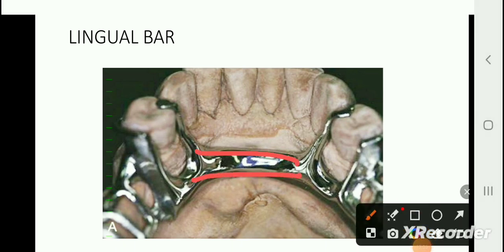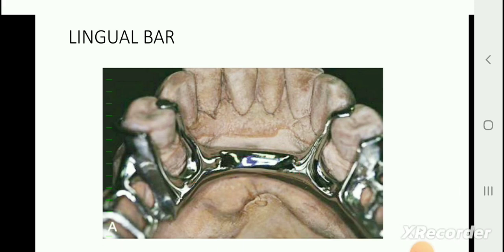Relief prevents the margins of the connector from lacerating the sensitive lingual mucosa during movement. So relief is a must in the mandibular major connector.